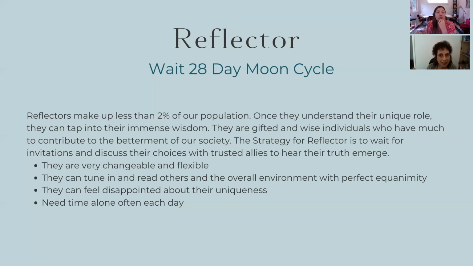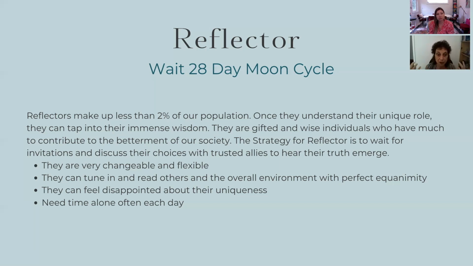The reflector has a little bit of protection. They can take in energy, like they sample things, and then they take it back out. With this education and understanding, reflectors can be more buoyant, more vital, stronger. So they are gifted and very wise individuals.